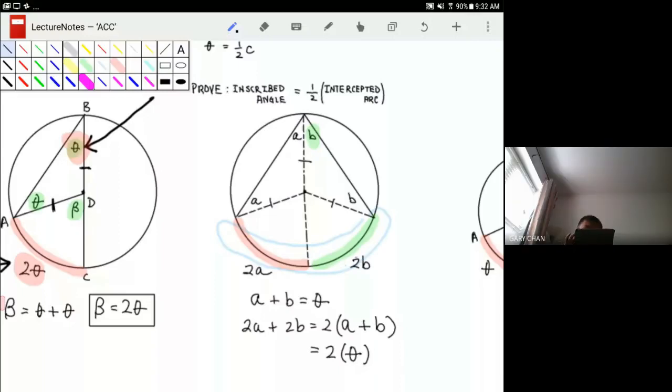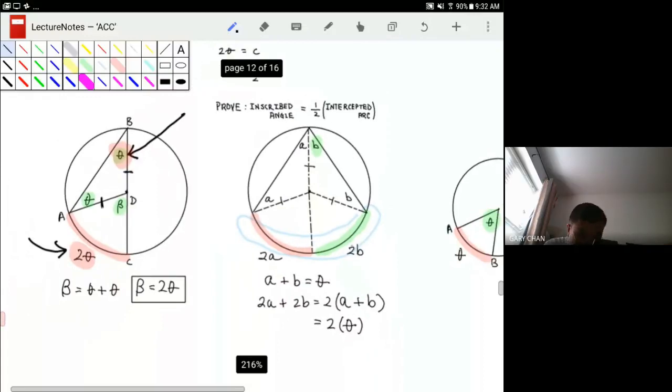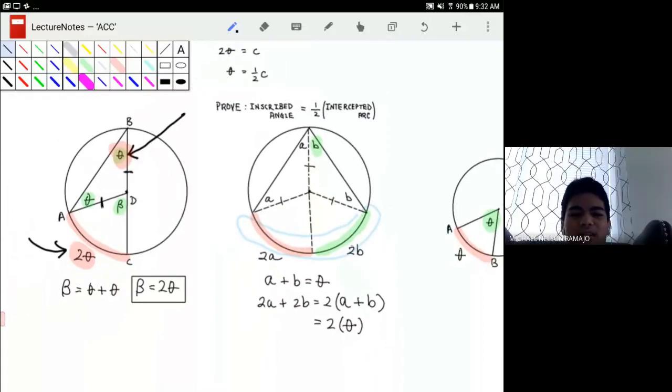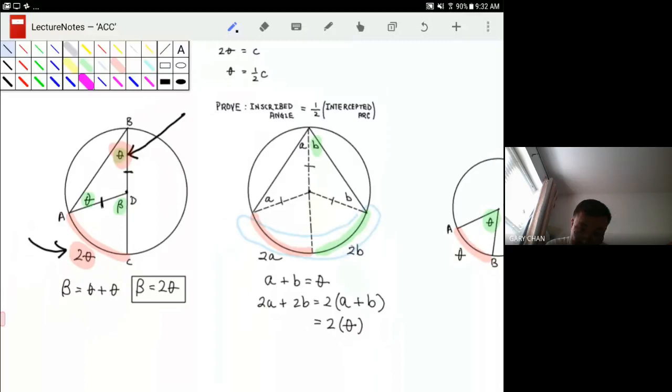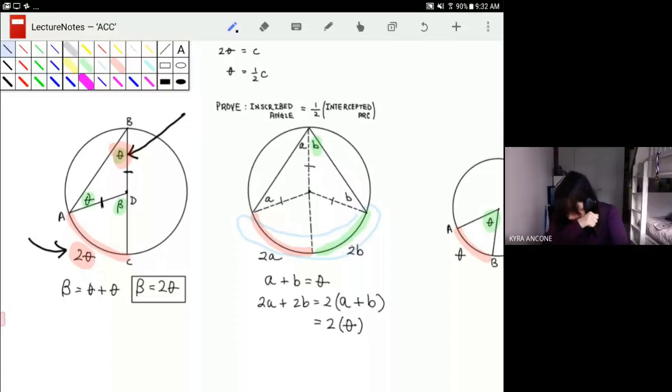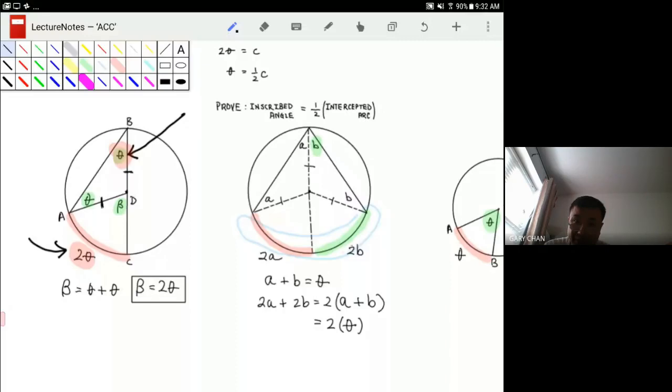Okay. So we just proved it. What theorem is this? So again, this is the same theorem. One more time, what we just proved is that the inscribed angle will be half of the intercepted arc. That's what we just proved.